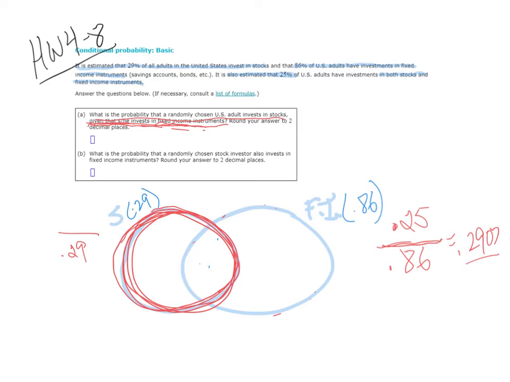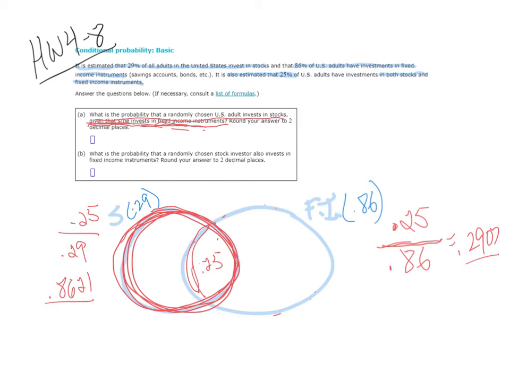What's the probability that it also falls in here, which was 25, remember? So that's going to be 0.25 out of 0.29. Type that in my calculator. And I come up with 0.8621. That'd be my answer.